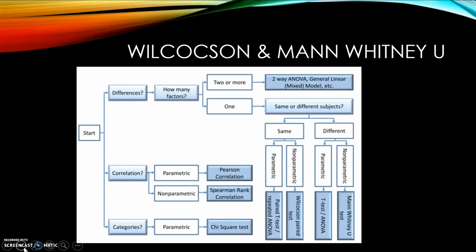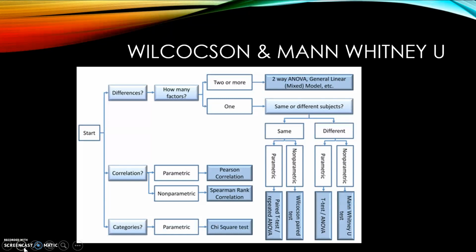Next slide. This is kind of just a slide to recognize how you would get to the Wilcoxon and Mann-Whitney-U tests. So you'd start from the start bit, and then for the Wilcoxon you're looking at differences, and then you're looking at one factor as well, and it's the same patients, and then it's the non-parametric test for if results are not normally distributed.